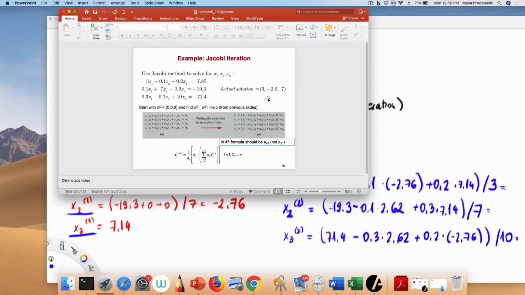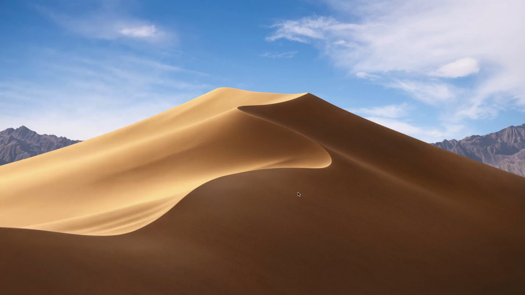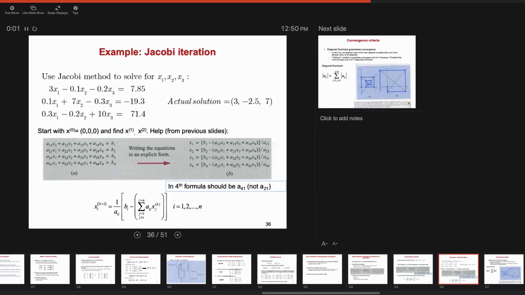How close is the first one to 3? Pretty close. Even the first guess was actually pretty close. Then mine, I had minus 2.6. That's not terrible for starting from 0. Okay? I had 7.14 even in the first guess, right? After plugging in the first guess.